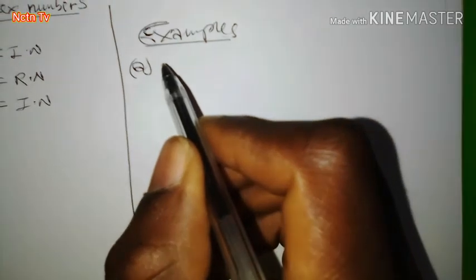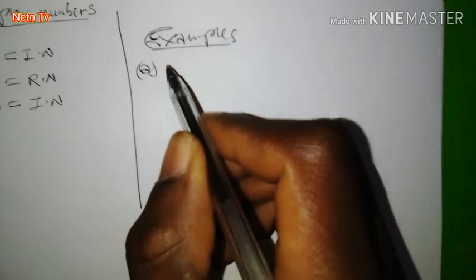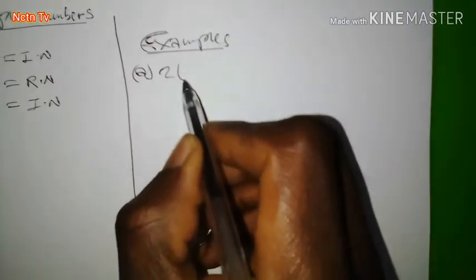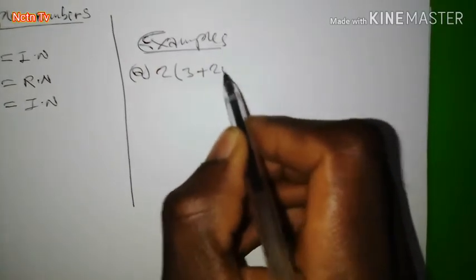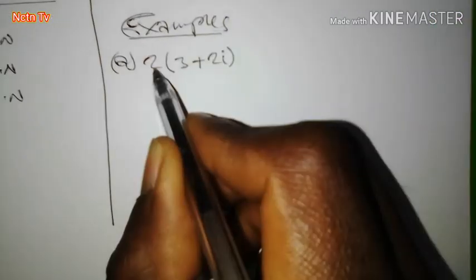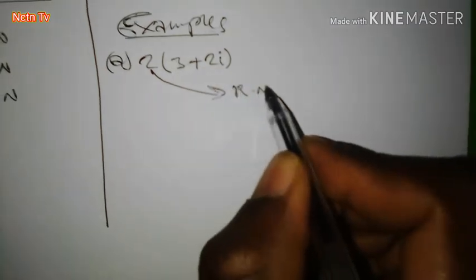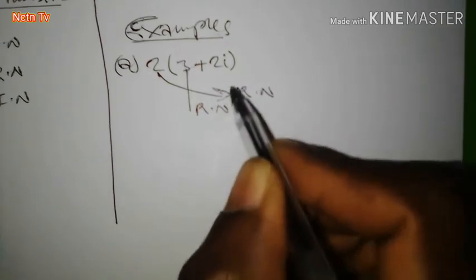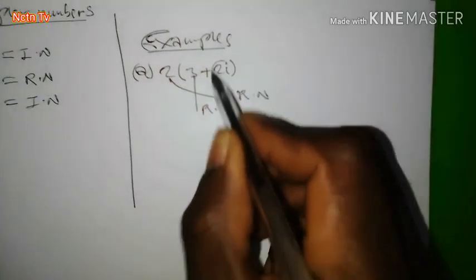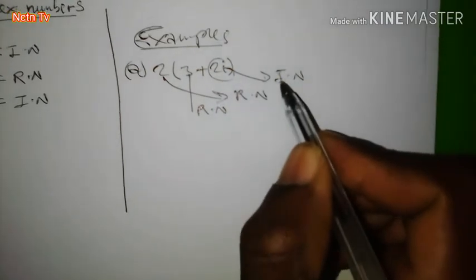Let's try this example. We have 2 open bracket 3 plus 2i. We realize that 2 is a real number and 3 is a real number, and only this part is the imaginary number.